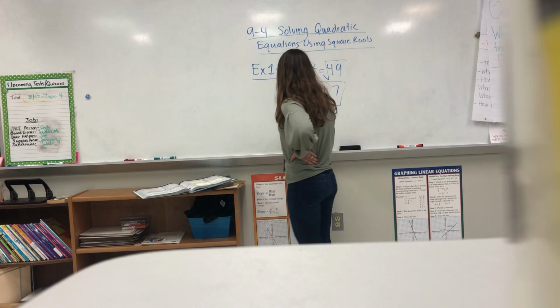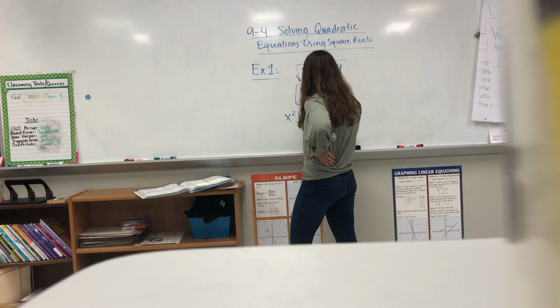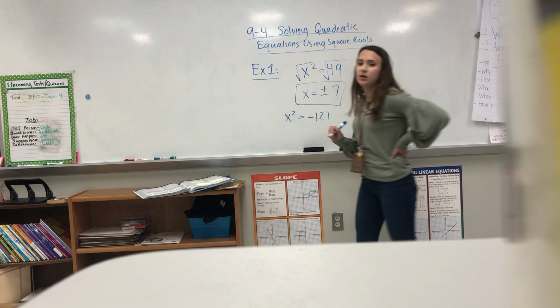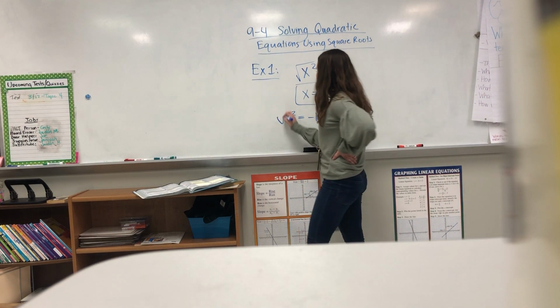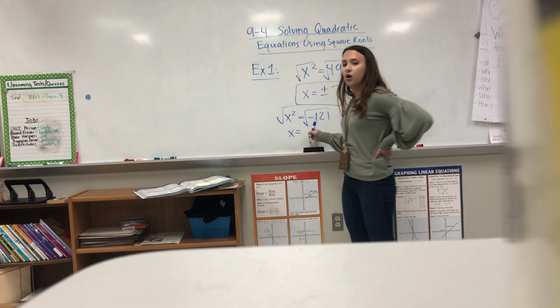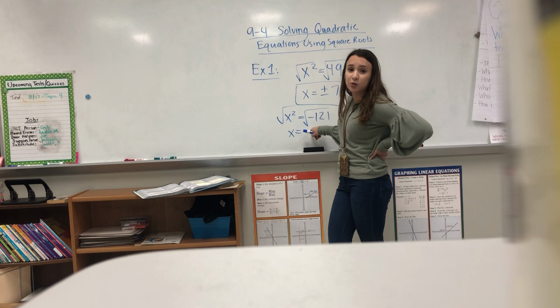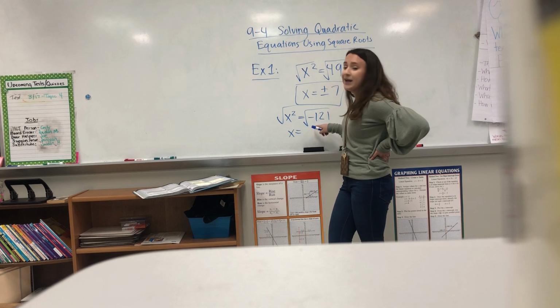Next part of example 1 is x squared equals negative 121. You do the same thing, square root both sides. x equals, okay, so for this, you might want to say it's 11. You might want to say it's negative 11. It's not.